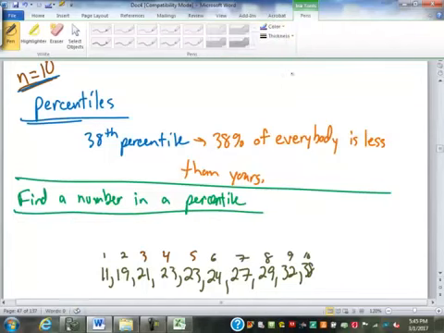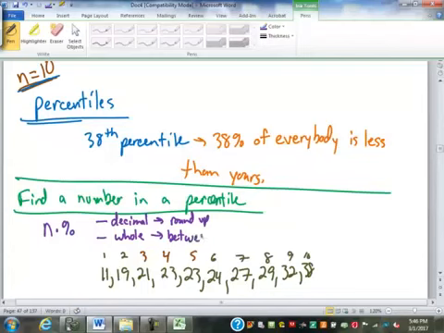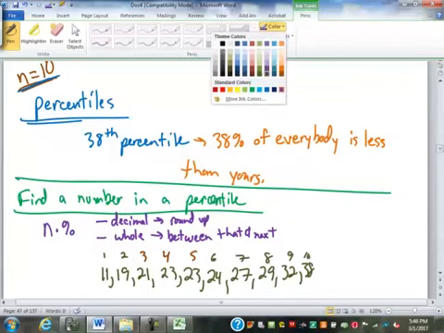So the position again is n times the percent. And just like before, if it's a decimal, round up. If it's a whole number, then it's between that one and the next one. I'll show you what I mean here.